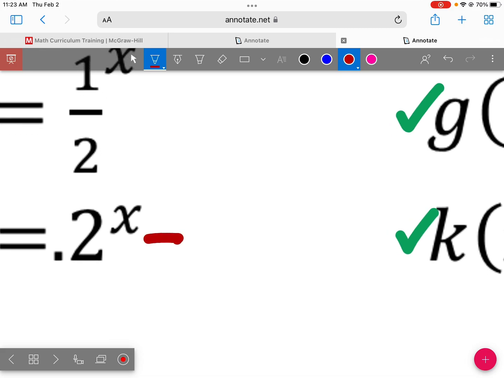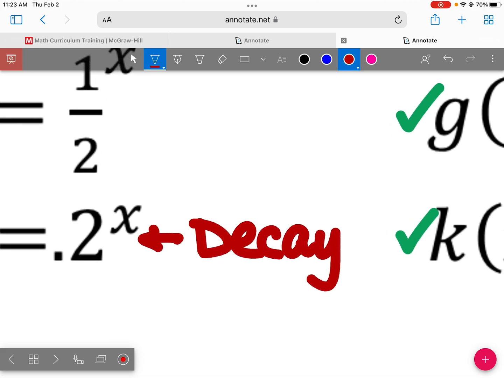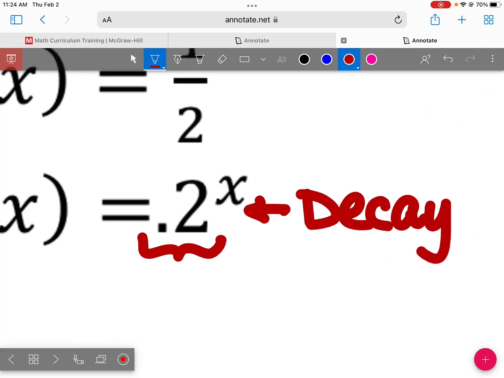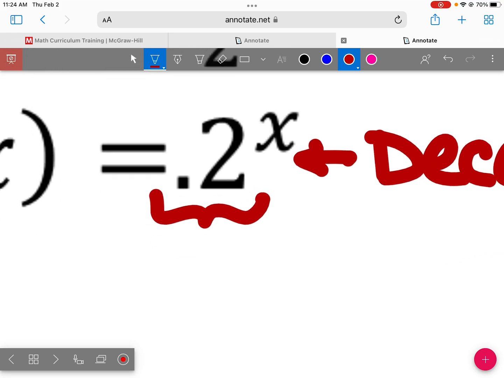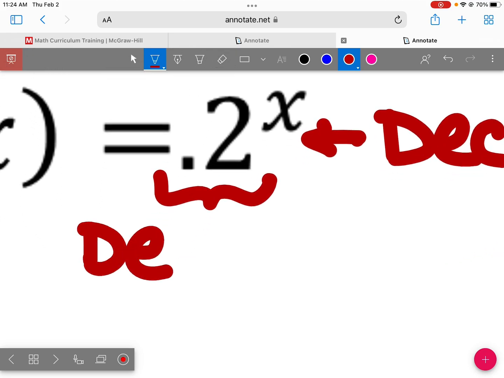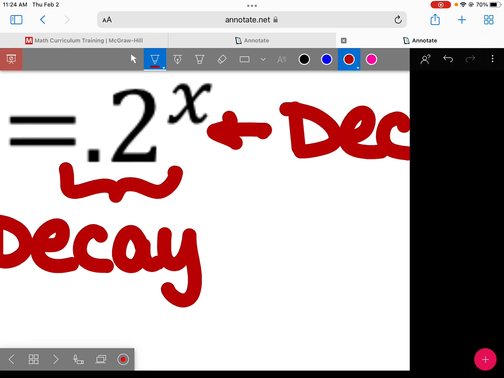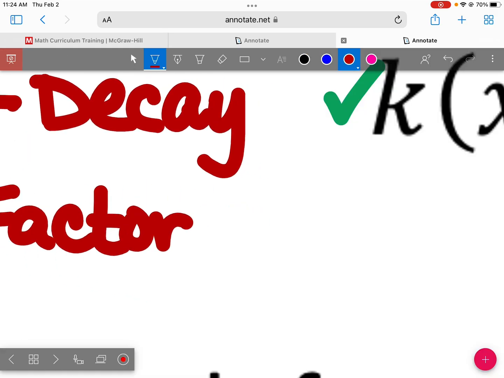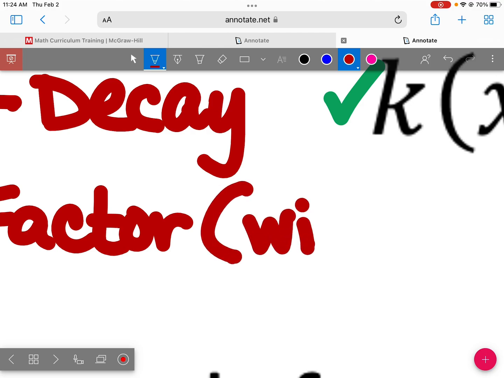So this one is showing me decay. This base, when we're talking about a decay function, what else did we call the base? It had another name too when we were talking about this yesterday. The decay factor. The decay factor will be less than 1.